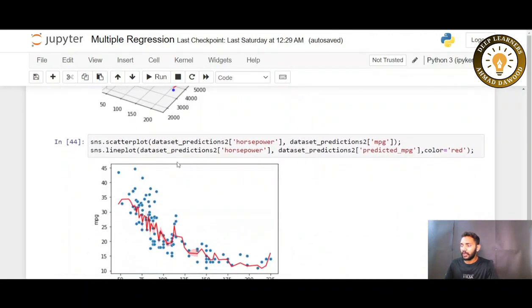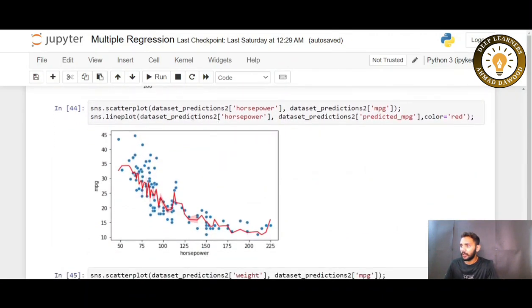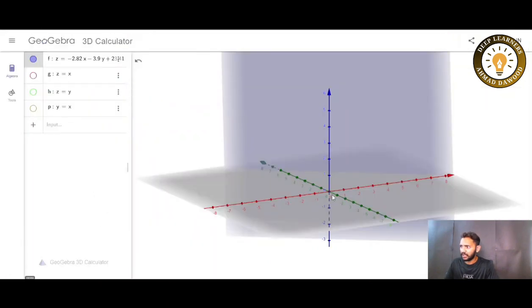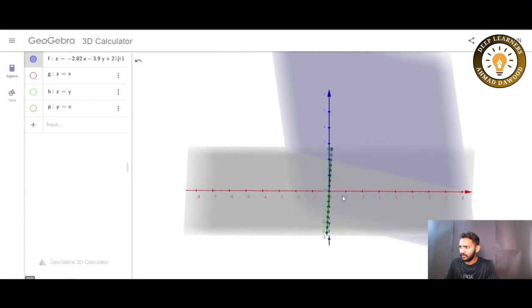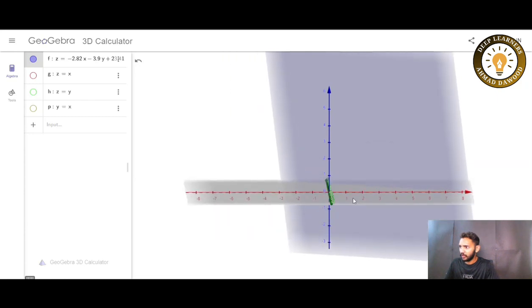If we want to see horsepower versus miles per gallon, this is horsepower on the x-axis and miles per gallon on the other axis.